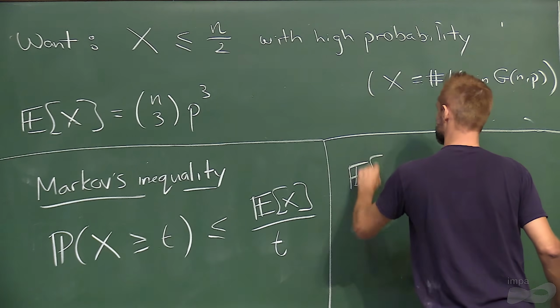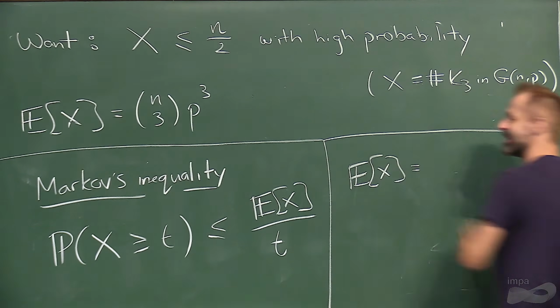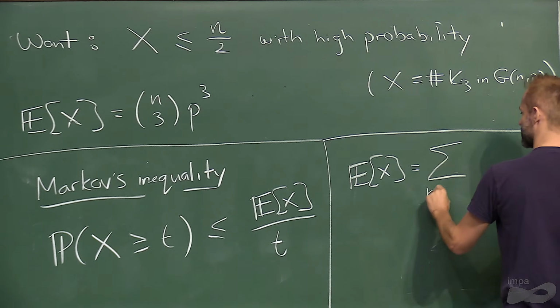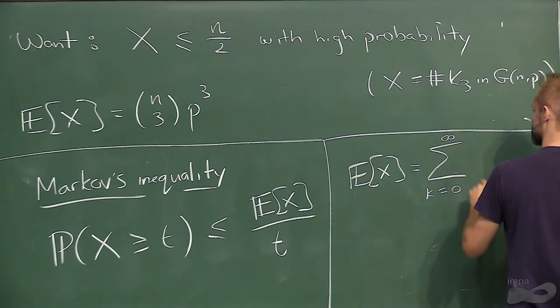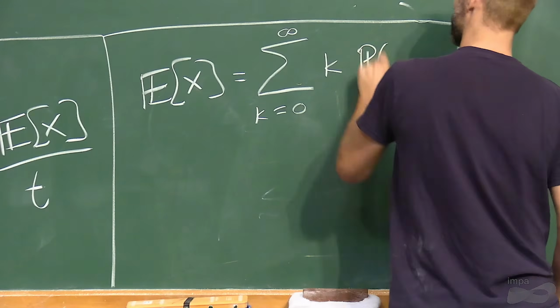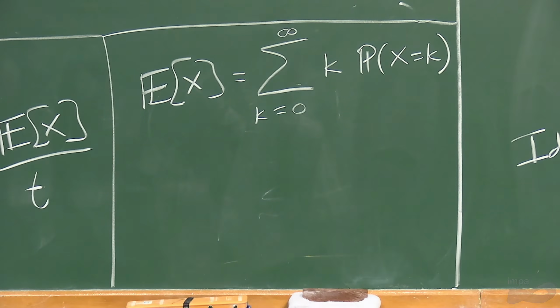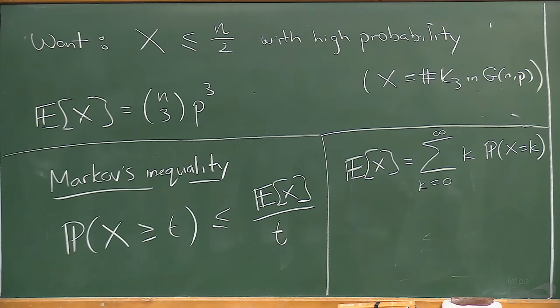Expectation of X. What's the definition of the average? It's the sum from k equals 0 to infinity of k times the probability that X equals k. Right? That is the definition of the average. Okay, who can now prove Markov's inequality? Need one more line. I want this to be at least something.